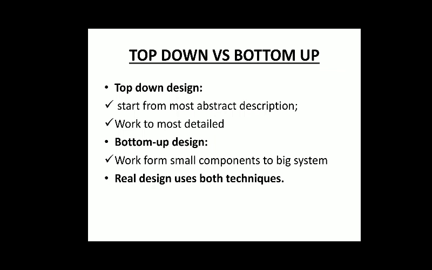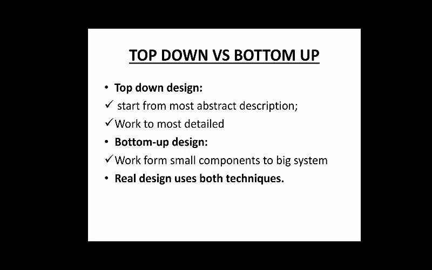So should we use a top down or bottom up procedure in designing an embedded system? We can use both. In top down design, we start from the abstract description, what the system will do, what is necessary, then we specify the details, like what CPU will be used. Or we can use bottom up design.